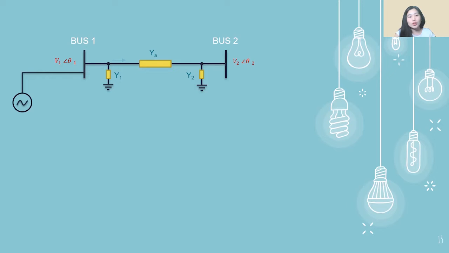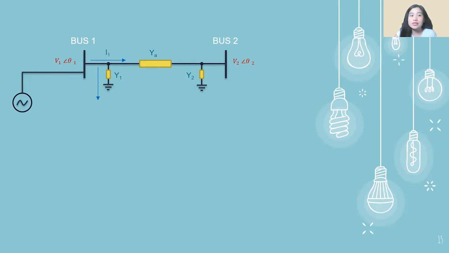Okay, moving forward. Now, why do we have this arrow pointing from bus 1 to YA and this arrow going down? Going back to our lesson in Circuits 1, wherein the KCL, or Kirchhoff's current law, says that the current entering is equal to the current that is leaving.